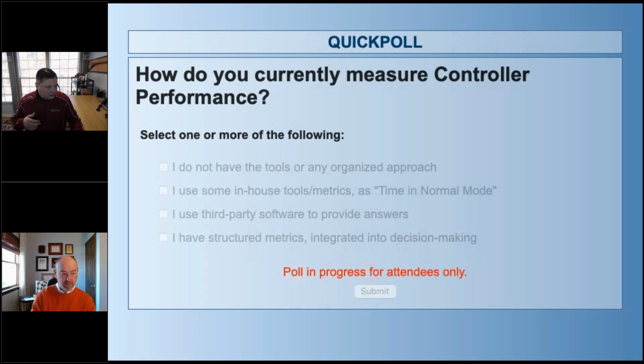Things have gotten a lot more sophisticated over time, to be able to track things other than, hey, is it not in auto, right? And those advanced analytics are sitting on top of more advanced data historians and trending packages and more advanced DCSs, right?